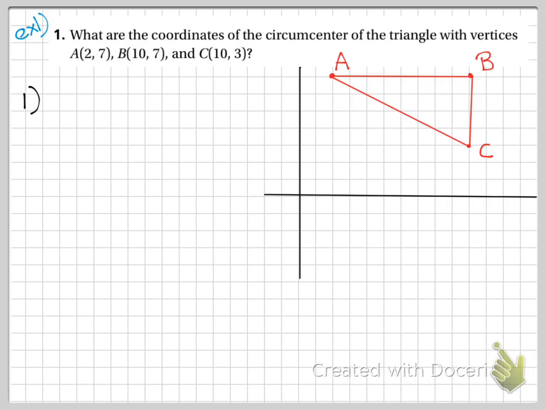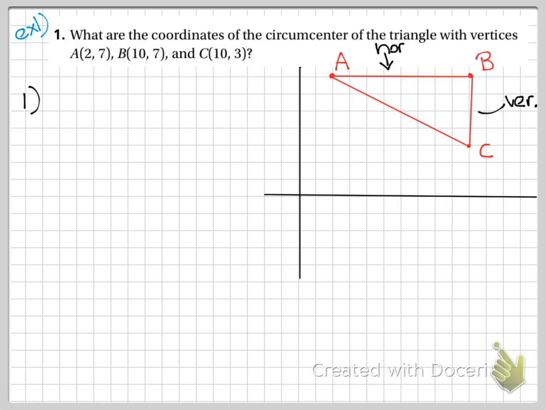There are a few steps that we have to take in order to do this. If we can draw two perpendicular bisectors and find their point of intersection, then we know exactly where that circumcenter is going to be. You can see here I've got a horizontal line and a vertical line, so it's going to be easiest for me to find the perpendicular bisectors of those.